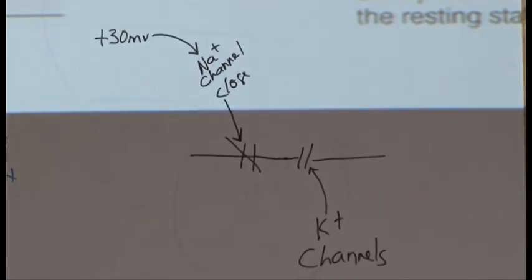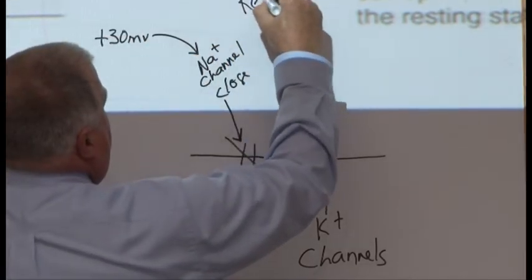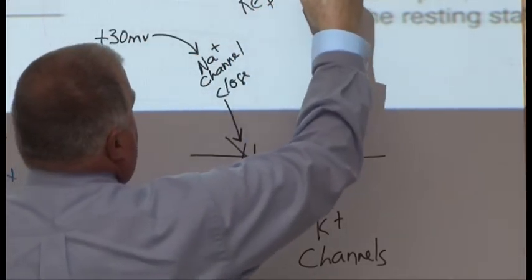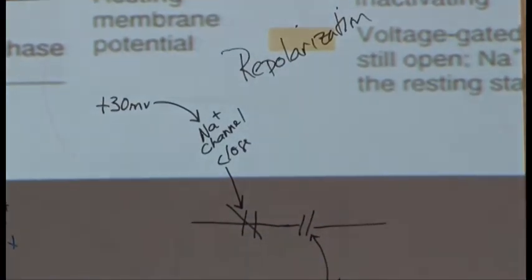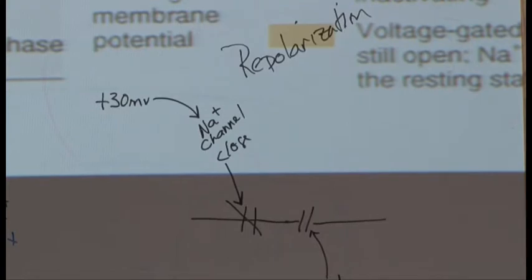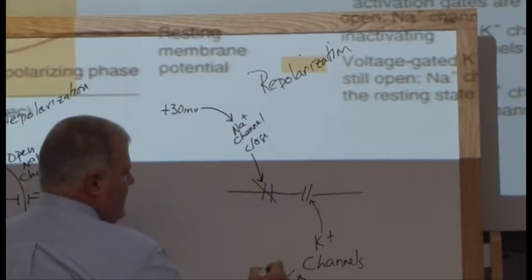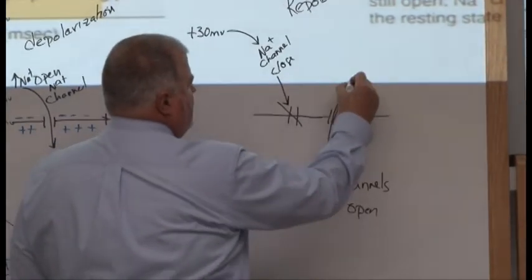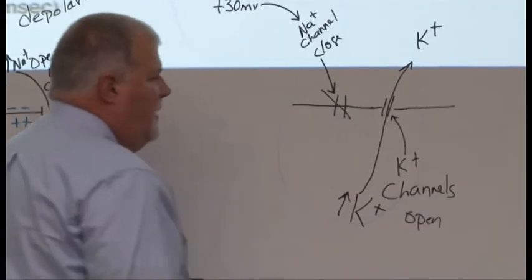So we're going to close sodium channels and open potassium channels. And that sets us up for the next phase of our membrane, which is a repolarization event. Because potassium was in higher concentration inside the cell, potassium is going to diffuse out of the cell itself.